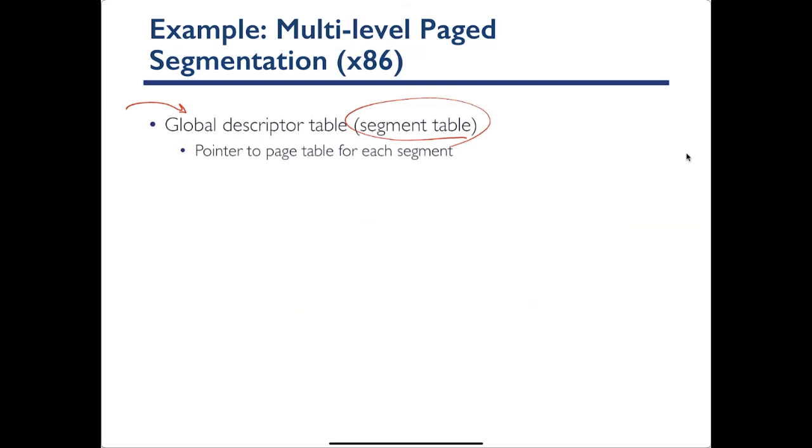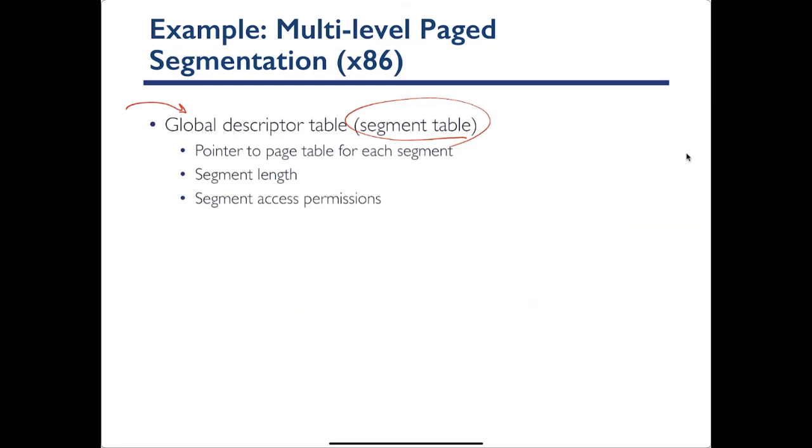It would point then to page tables for each segment, very similar to what we saw. And they have segment length, so each segment could have a length. You have segment access permissions.